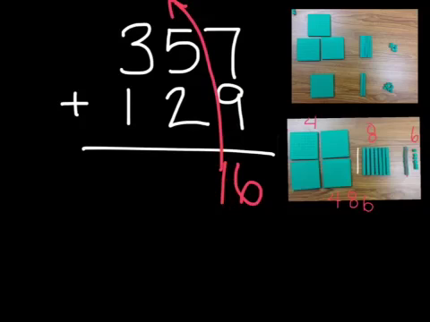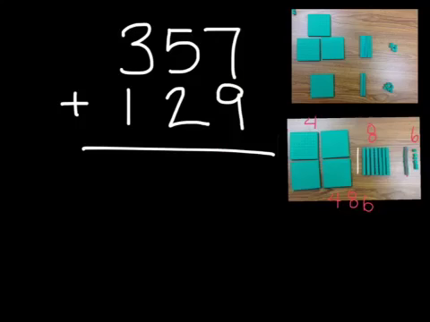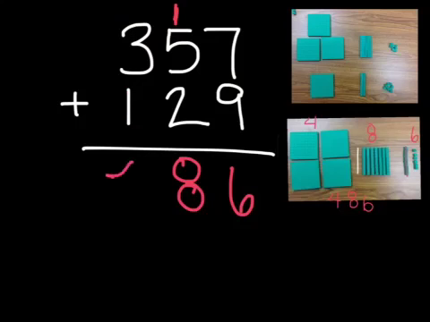So I'm going to leave my 6 and put my 10 back up here. So now I can just add straight down now that I have my extra 10. So I have 1 plus 5 is going to be 6, great, plus 2 is going to be 8. So I can write my 8 down here. Then I just add what's left. So I have a 3 and a 1, which equals 4.